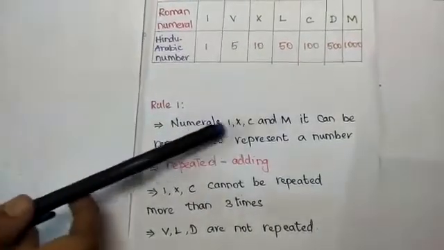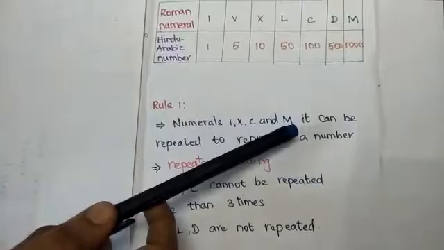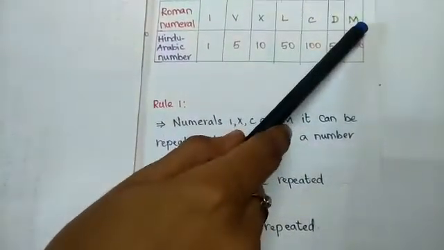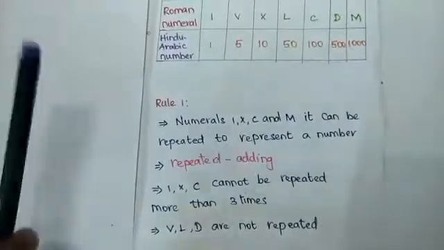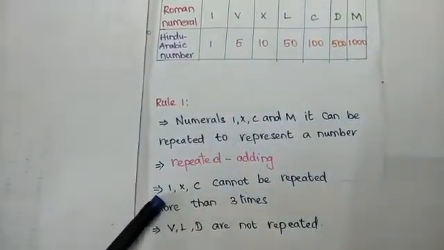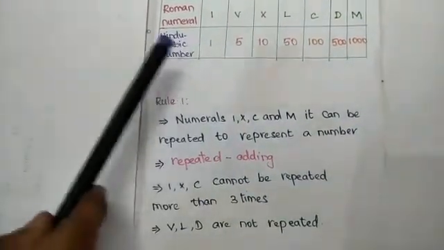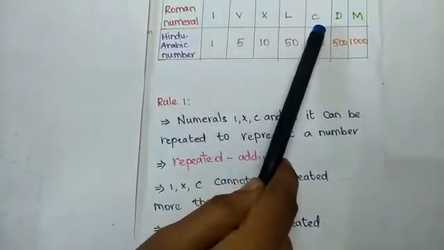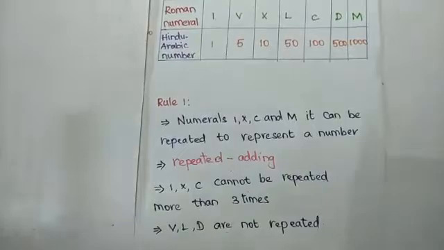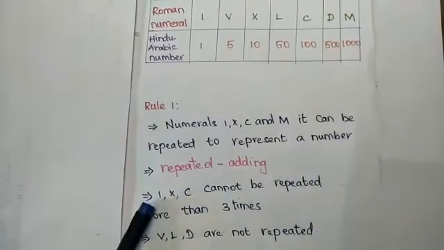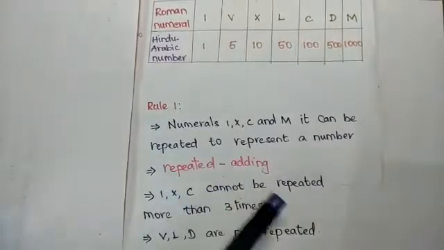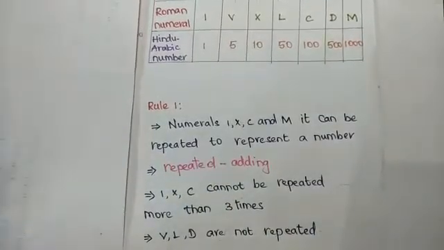Now these I, X, C and M are the Roman numbers that can be repeated. I, X and C can be repeated 3 times. They cannot be repeated more than 3 times.